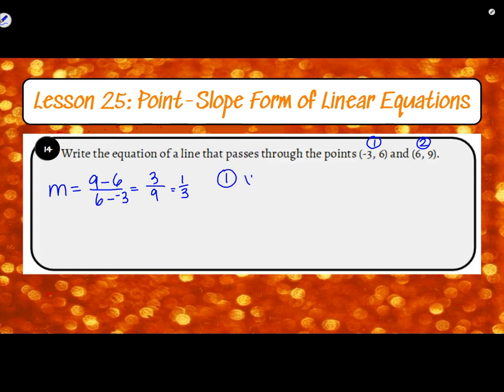So point 1 would look like y minus y1 is 6 equals, my slope is 1/3, x minus a negative 3 would become plus 3. So there's one equation. The second one, y minus y2 or y1 is 9 equals 1/3 x minus 6. They're different. The only thing that they seem to share is the same slope, but they are actually the same equation, especially when you solve for y.